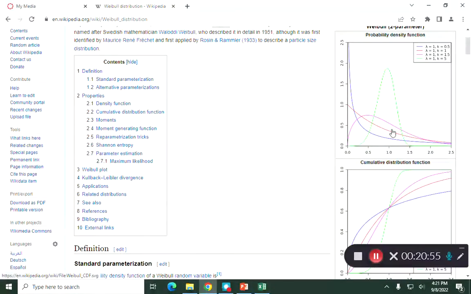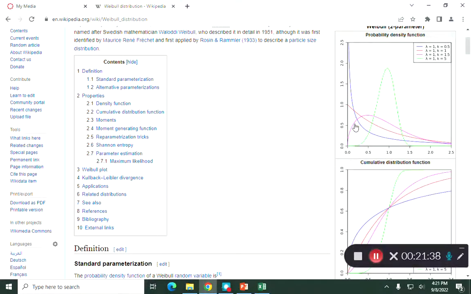Here's the PDF and CDF. You can have different alpha and different k. First thing first, look at k equal to 1, okay? When k equal to 1 and lambda equal to 1, that's your normal distribution. I'm sorry, that's your exponential distribution. But when the k value increases, what did you guys see? The whole thing shifts gradually from the extreme toward the center.